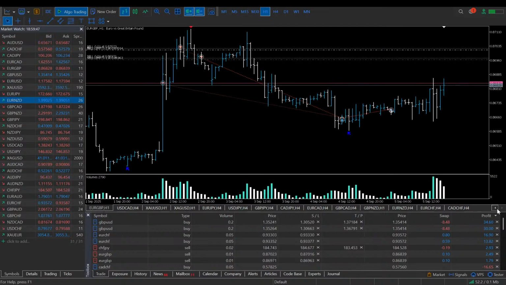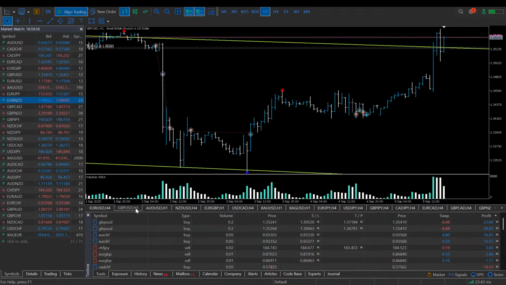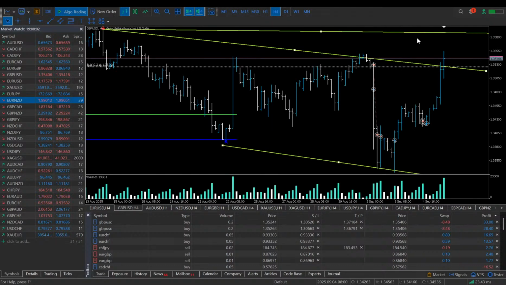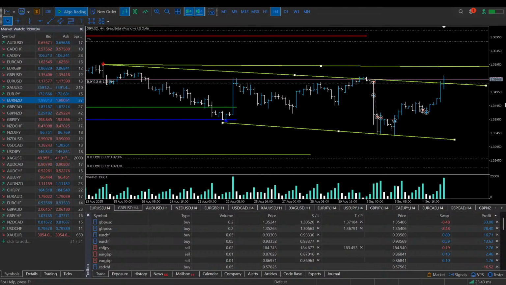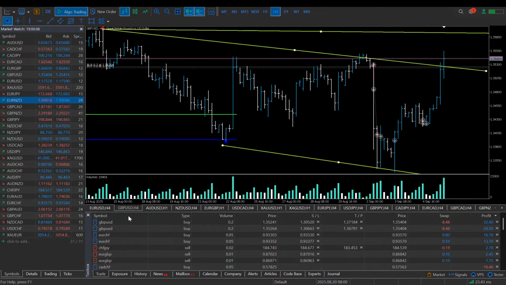NZD USD as well, yes, I'm going to wait. GBP USD, there is a strong chance that it's going to hit TP anyway, but of course that will be next week maybe, so I will leave that one to run.